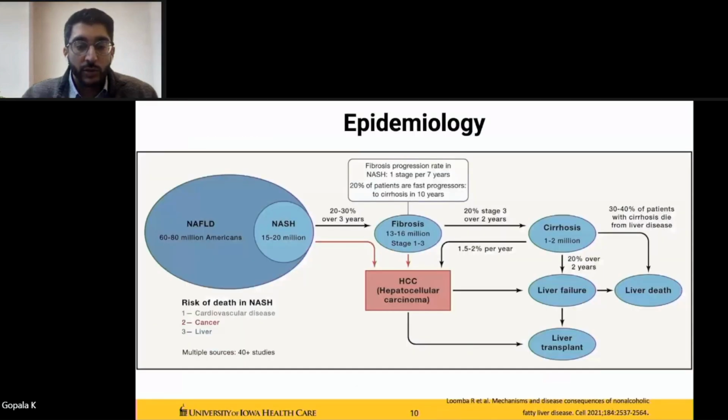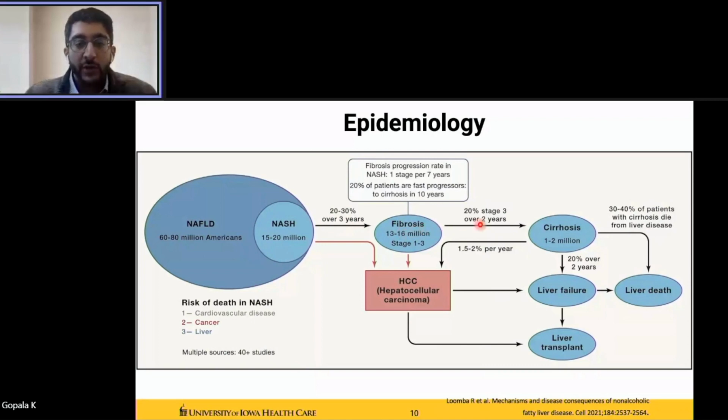So what's the scope of the problem? There are 60 to 80 million people, we estimate, in America that have some sort of fatty liver due to obesity. Out of those, 15 to 20 million may have NASH, detected or undetected. And we can see the usual pathway, about 20 to 30% over 3 years, they can progress to have some sort of fibrosis.